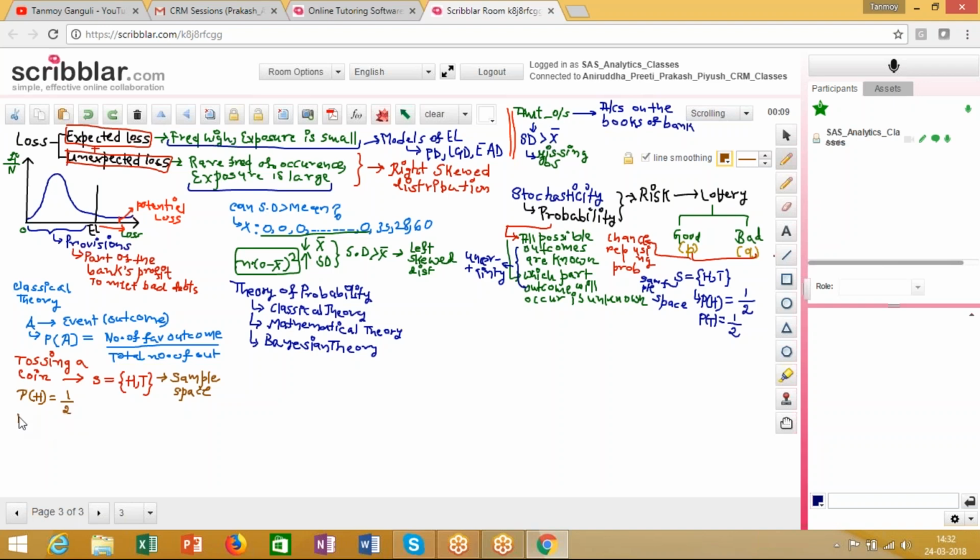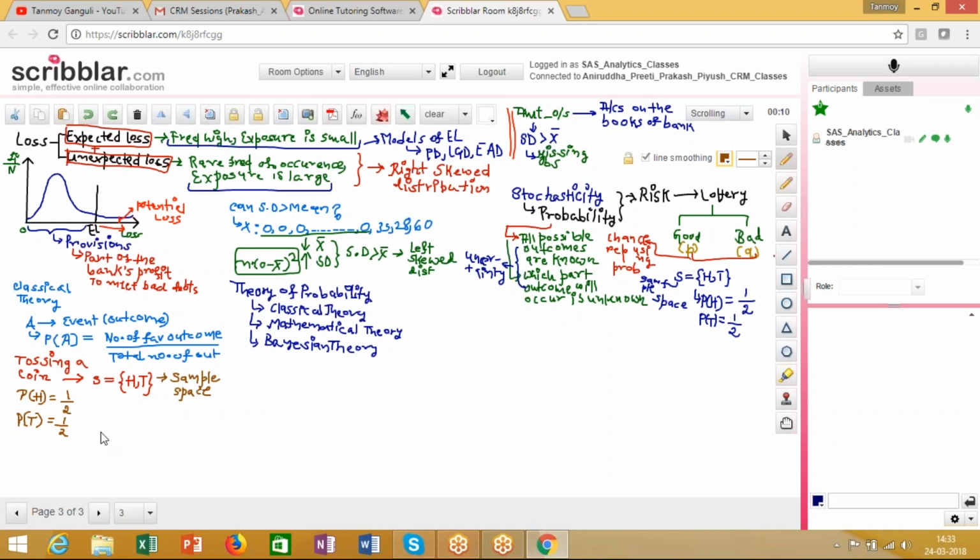Similarly, if I talk about the probability of tail, the number of favorable outcomes is 1 and the total number of possible outcomes is 2. So therefore the probability of tails is half.